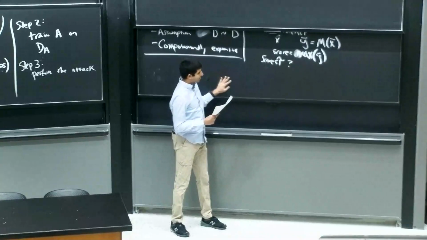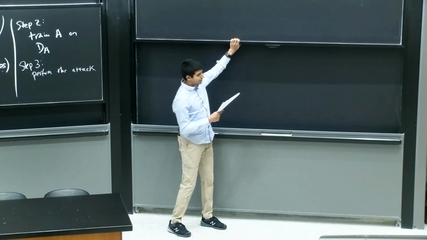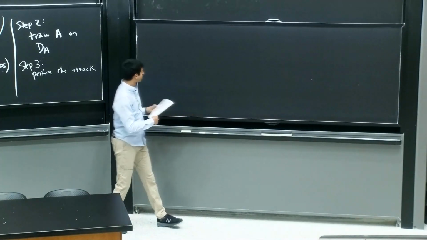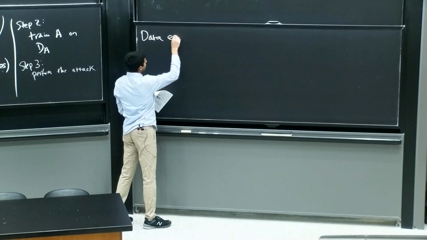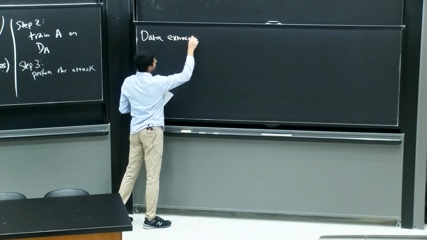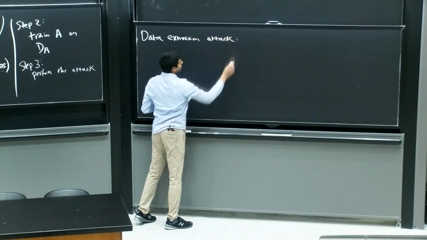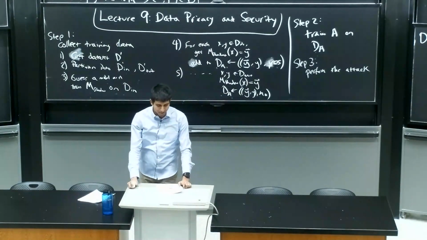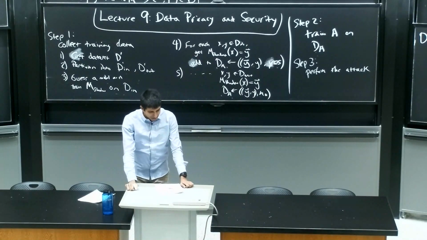All right, so let's wrap up with these membership inference attacks. I'm going to briefly talk about another kind of really interesting attack called a data extraction attack. So it turns out that machine learning models and neural networks often unintentionally memorize parts of their training data.